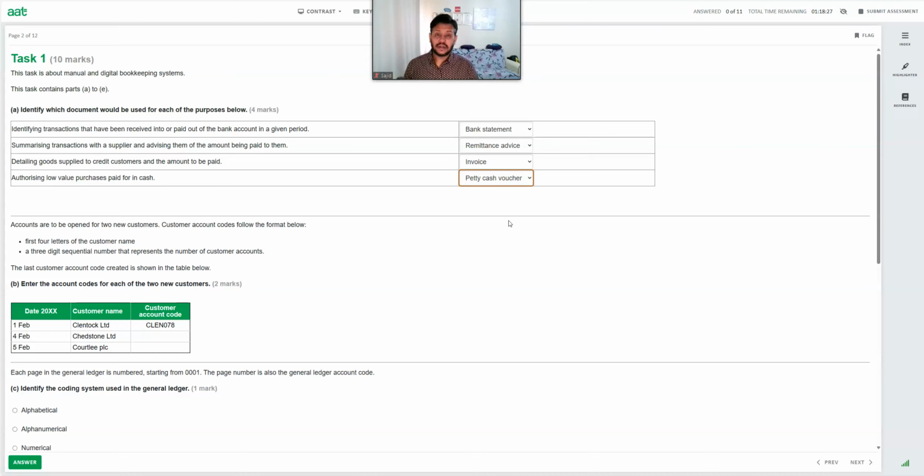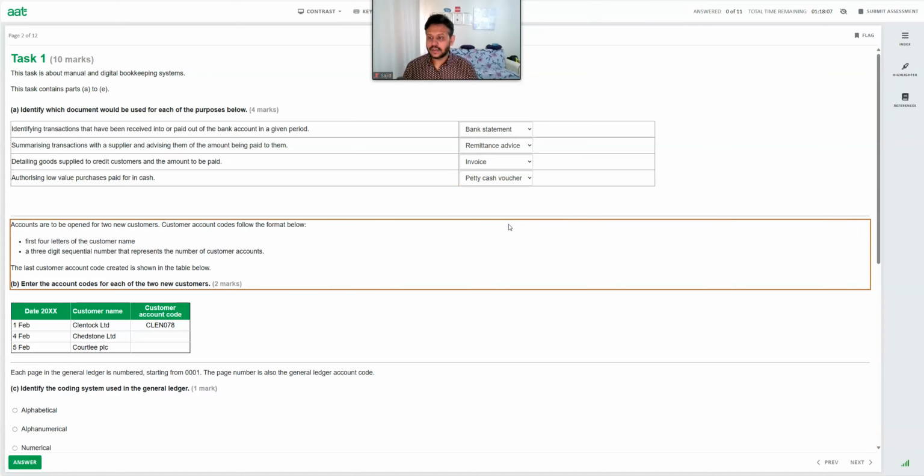Later on, if you want to see to whom you paid, or someone asks you, you can open the voucher and say, on that day I paid that person, and that was the reason behind it. So it's very important to always have a voucher with the receipt for petty cash payment. All right, so more or less that's our first task. Very simple. Let's move to the next one.